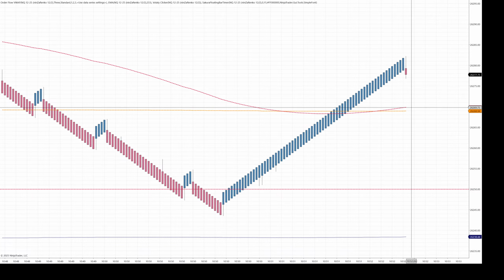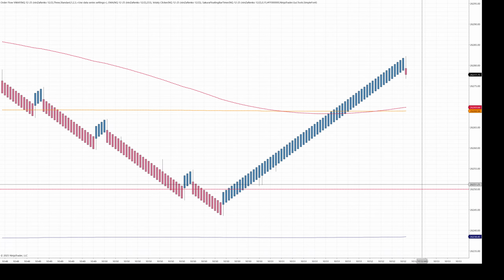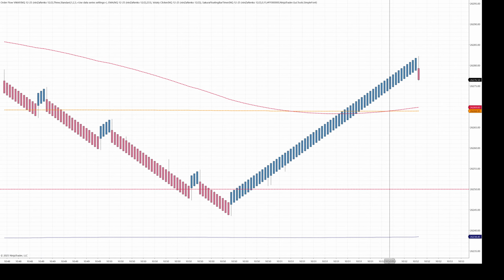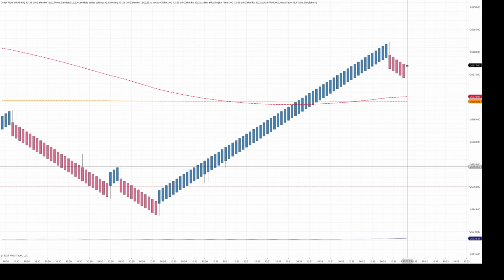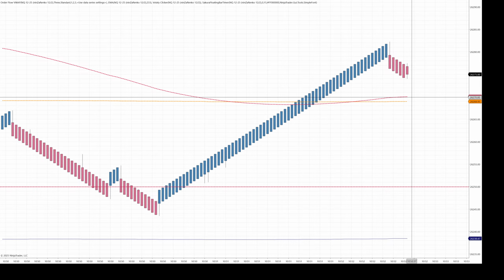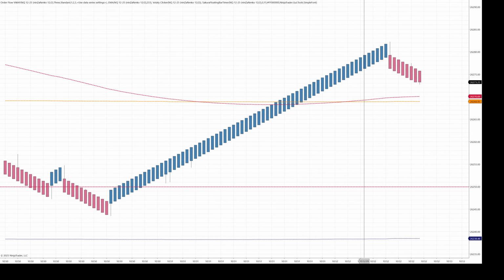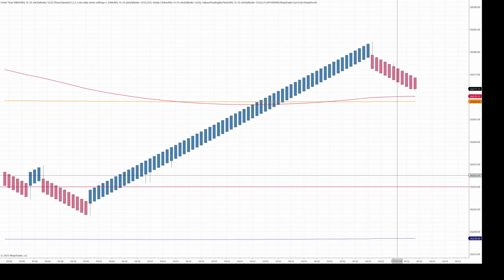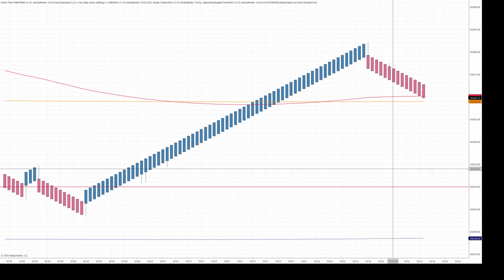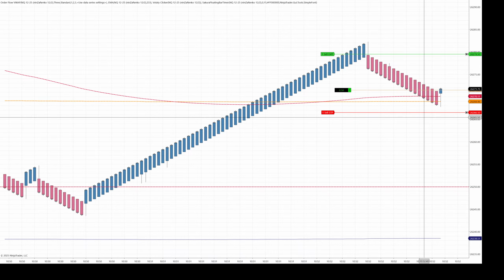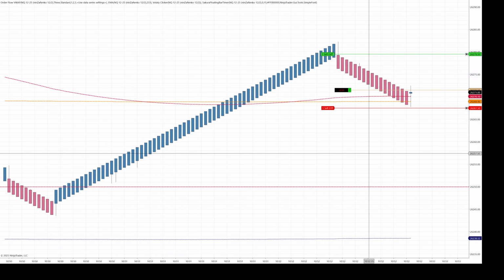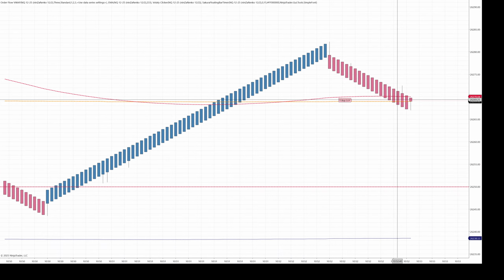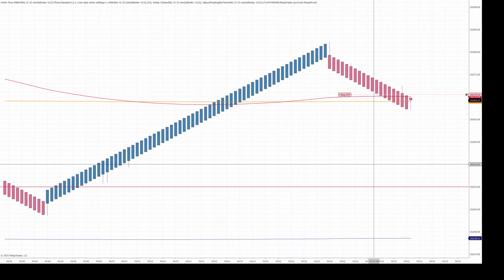We're looking for it to come down here, potentially bounce and go back up. Try again.